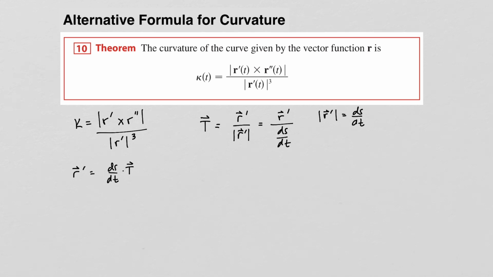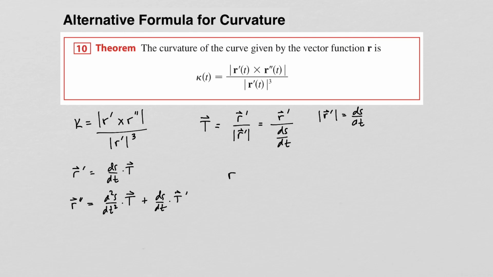Now if I take the derivative of both sides, the derivative of the left-hand side is the second derivative, and on the right-hand side I'm going to use the product rule. So we're going to have the second derivative of s multiplied by the unit tangent plus the derivative, ds/dt, multiplied by the derivative of the unit tangent.